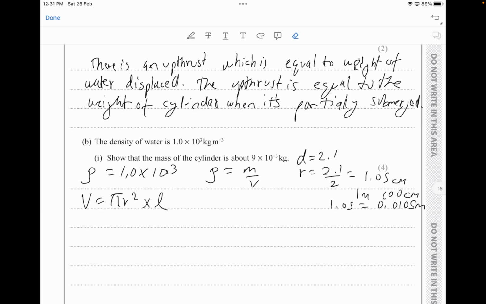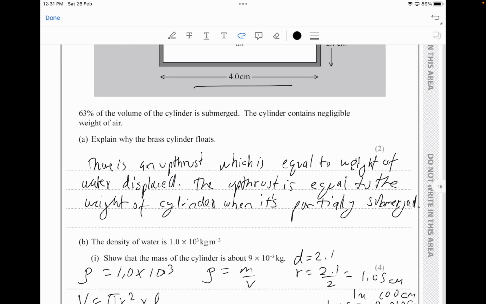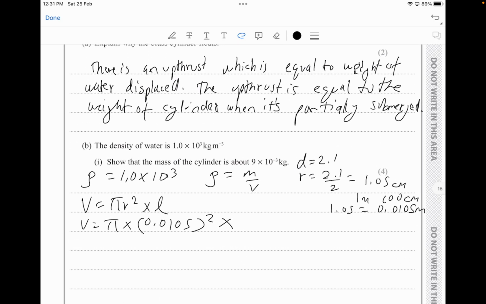So we're going to find out the volume as pi times radius 0.0105 squared times the length. Since we know that the length is 4 centimeters, it's going to become 4 centimeters. So 4 is equivalent to 4 divided by 100. It's going to become 0.04 meters.